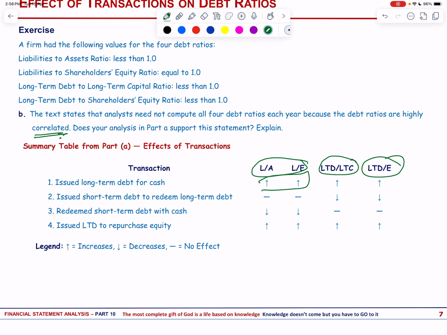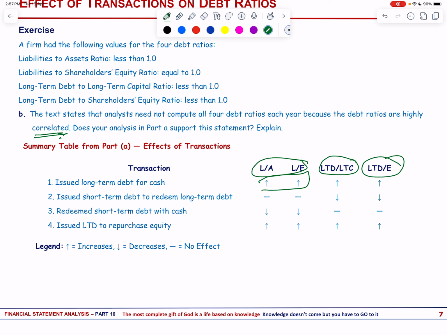when the debt is restructured, like short term for long term, or cash is used to adjust only a part of the capital structure. So, what we can conclude is that while the debt ratios are correlated in many scenarios, especially within their respective groups, total liabilities and long term debt, the analysis in part A shows that they don't always move together.